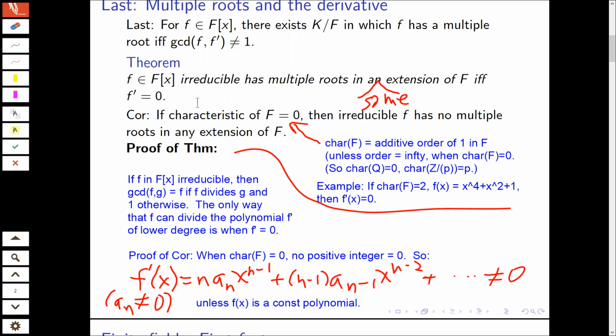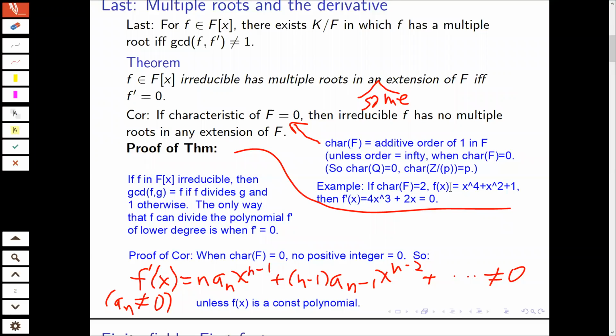The theorem said that an irreducible f has multiple roots exactly when its derivative is equal to 0, and the corollary says that if the characteristic of F is 0, you never get this circumstance. For example, f of x equals 4x cubed plus 2x.